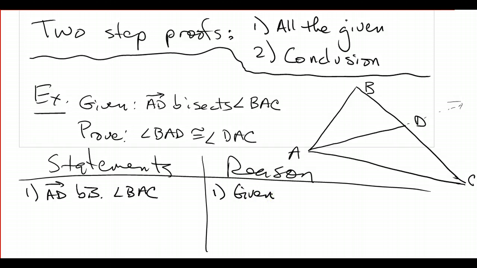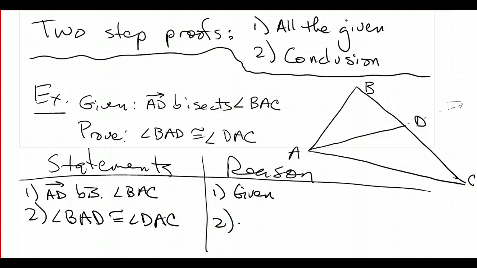And if you go back to your sheet of notes where it talks about bisecting an angle, we see that if a ray bisects an angle, what does it do? Well, it divides it into two congruent angles. So based solely on this information here, I can go right to my conclusion. Again, I said these would be two-step proofs, so I could say angle BAD is congruent to angle DAC. Okay?